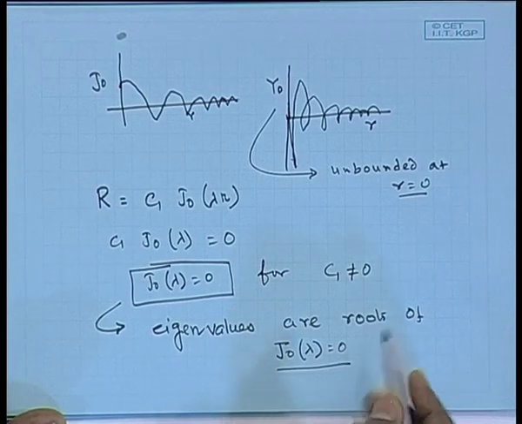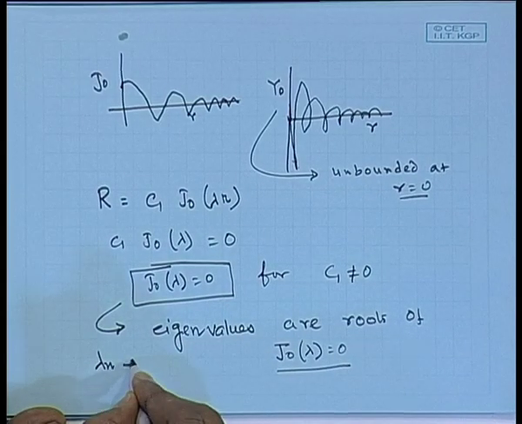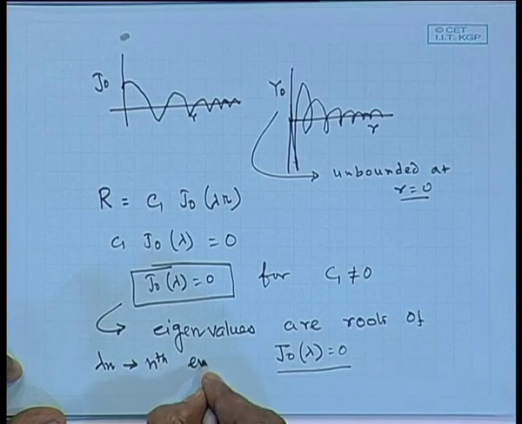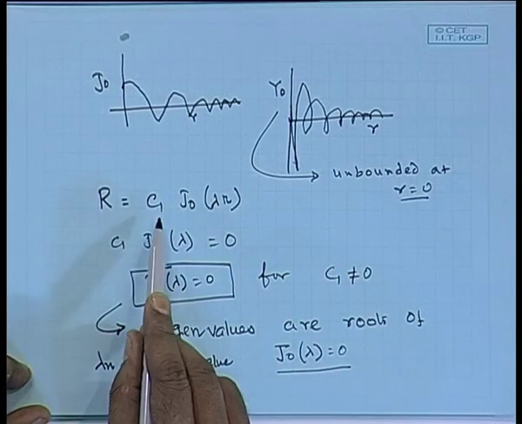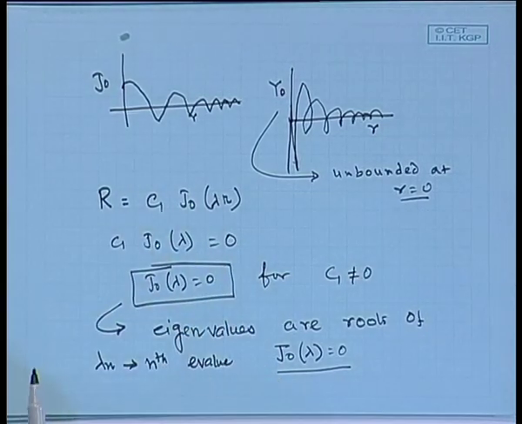So lambda n is the nth eigenvalue, and n starts from 1 to infinity. The corresponding eigenfunctions are Rn, so Rn is C1 J0 lambda n r.